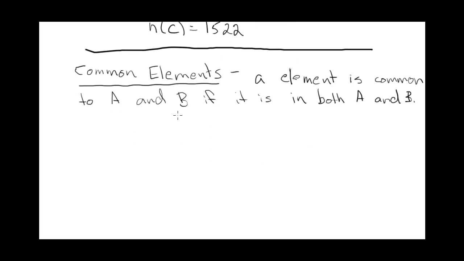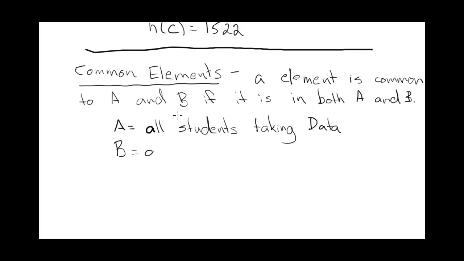So let's say, for example, A is all students taking data management right now. So that would be everyone in your class, or in any other section taking data. And then B would be all students taking another course, let's say calculus and vectors.